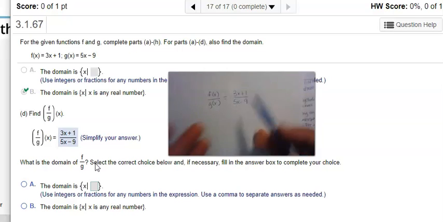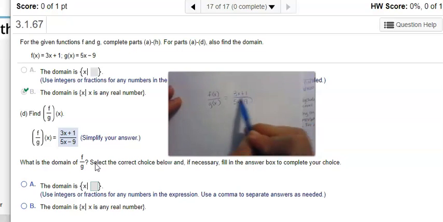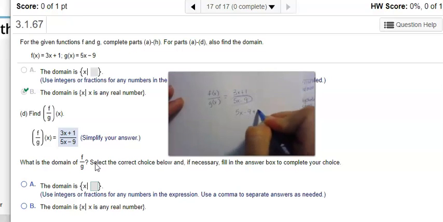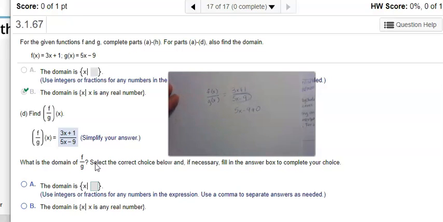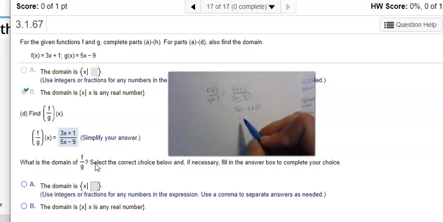Now in this one we do have a fraction, so we do have to consider the domain. Remember, for a fraction we don't want the denominator to be 0, so we're saying 5x minus 9 just can't be 0. We can let anything else in for x, but nothing that causes this to be 0.